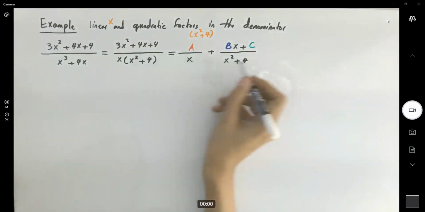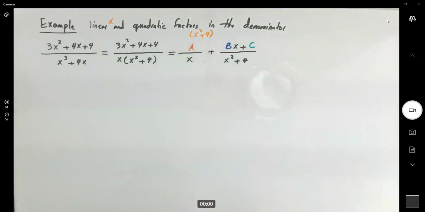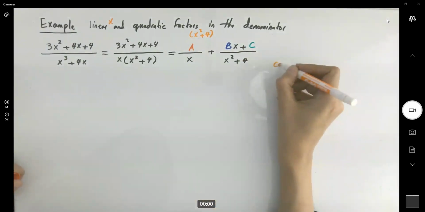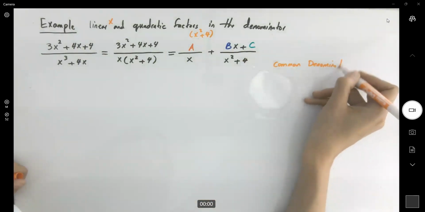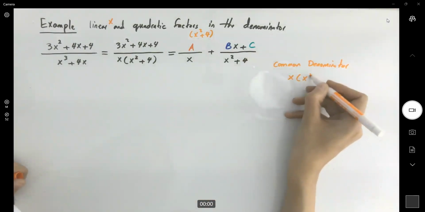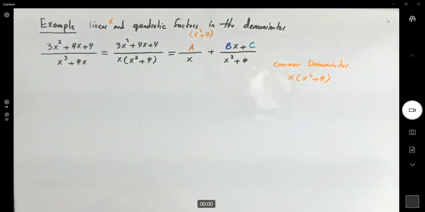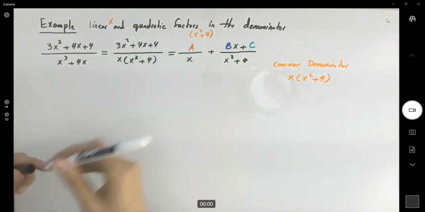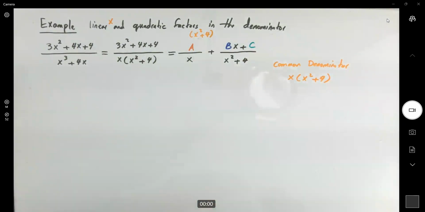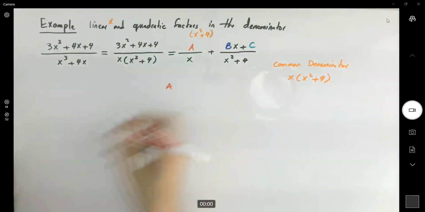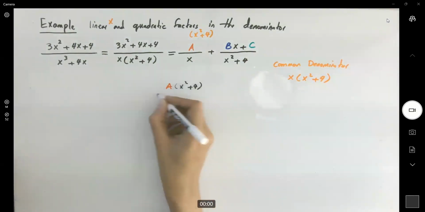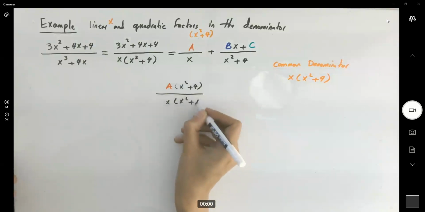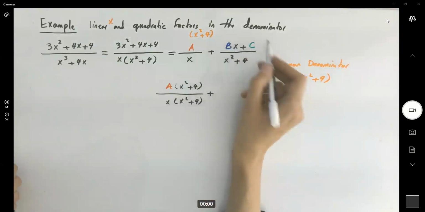Now take the least common denominator between these two, which is x times x squared plus 4. Very good. So we're going to multiply the first fraction, a times x squared plus 4, divided by x times x squared plus 4, plus the second fraction.